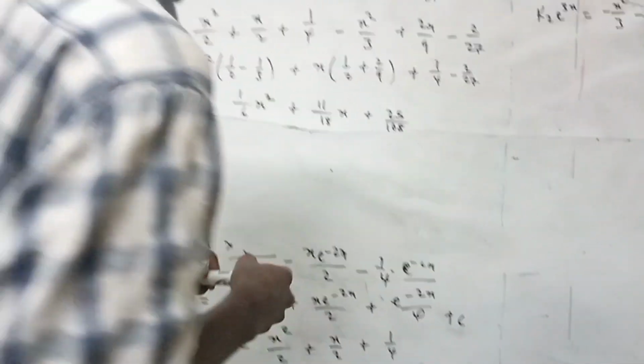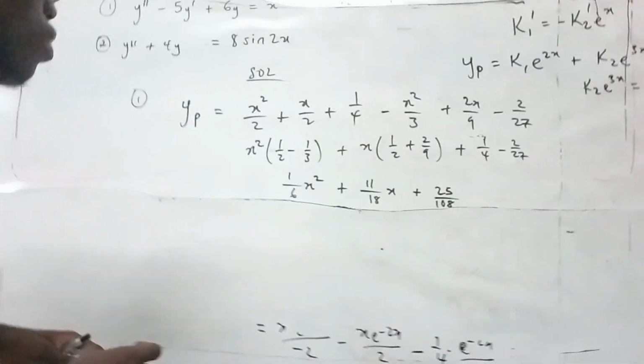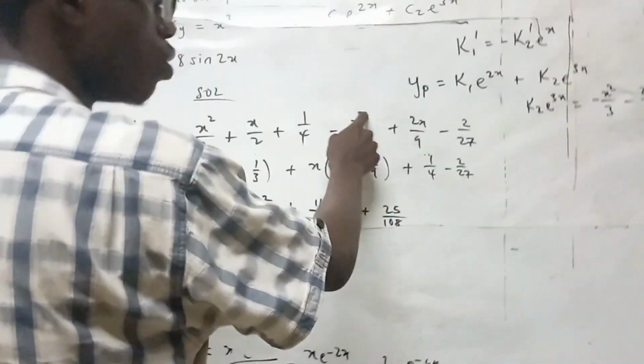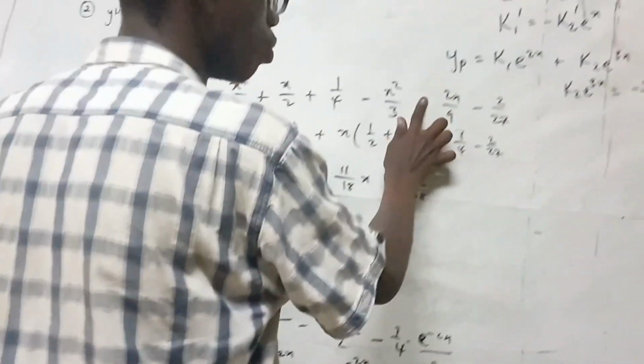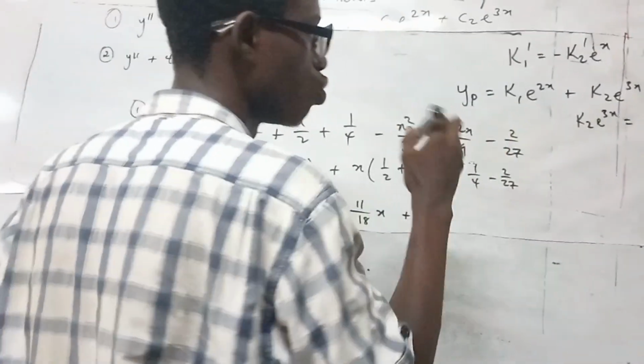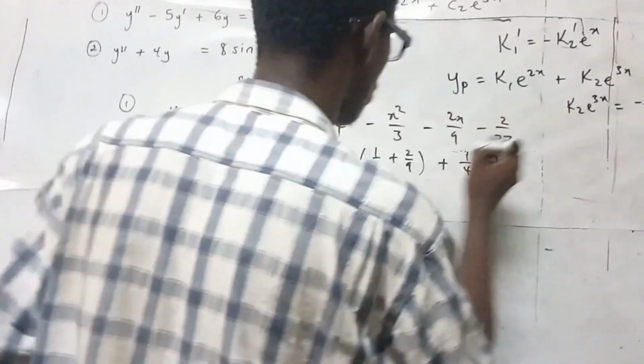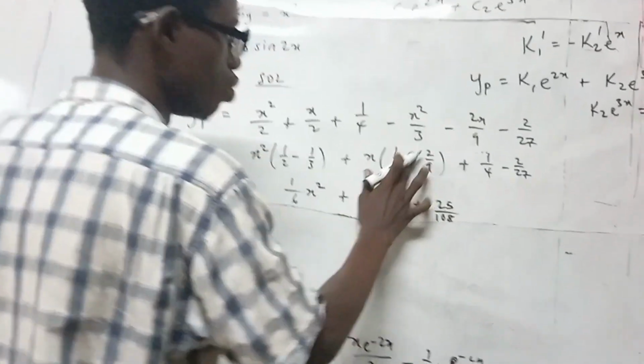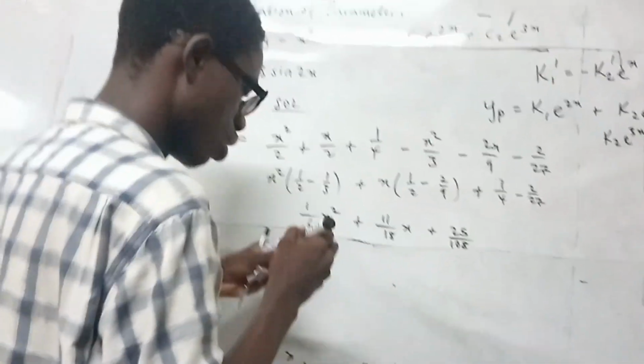This is supposed to be minus as well. This is supposed to be minus. So correcting this, we are going to have something like x squared plus x over 2, plus x squared over 3. So this is supposed to be minus 2x over 9 minus 2 over 27. Yes, so this is going to be minus instead of plus.